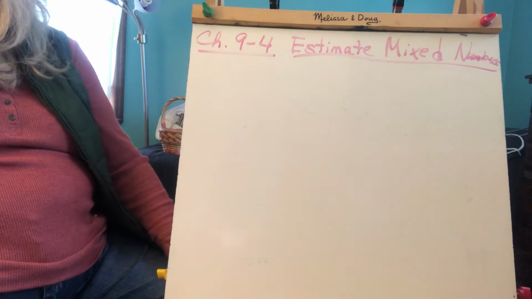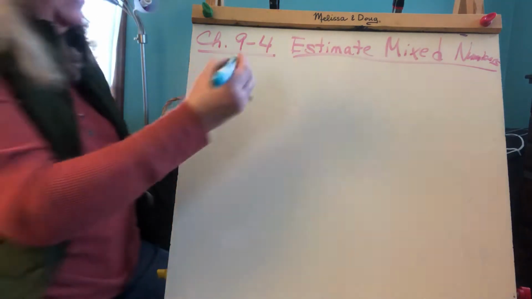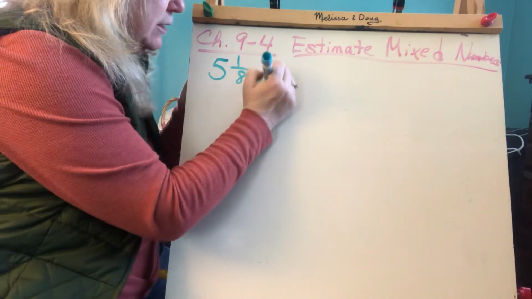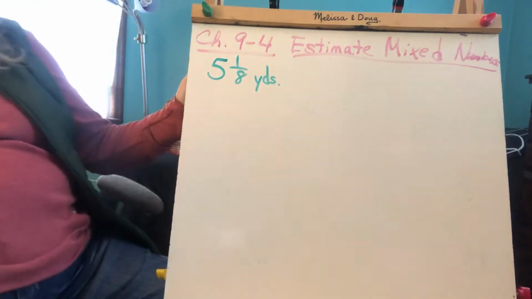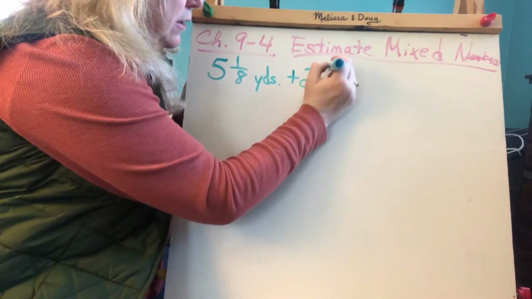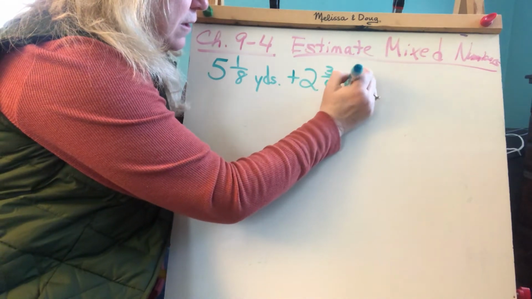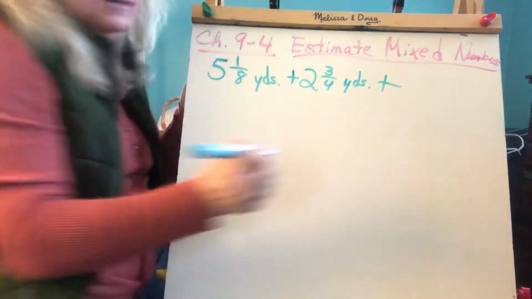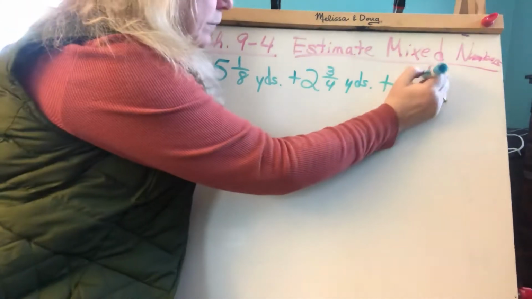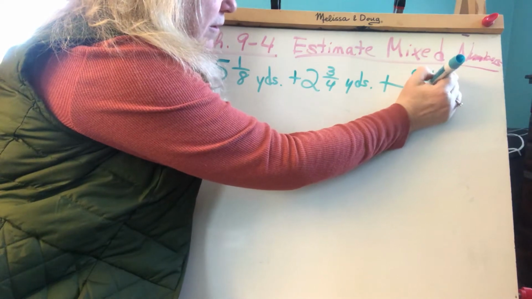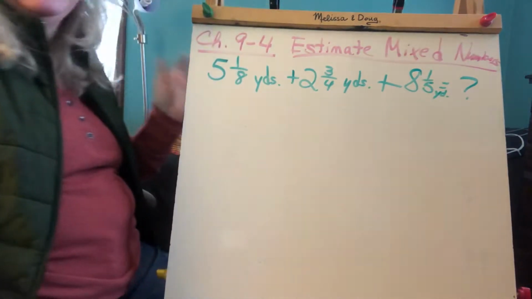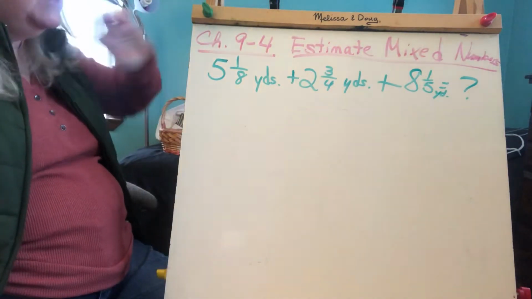One that's going to measure 5 1/8 yards, and 2 3/4 yards, and 8 1/5 yard. And we want to know how many yards is that altogether. About how many, because it's an estimate, right?